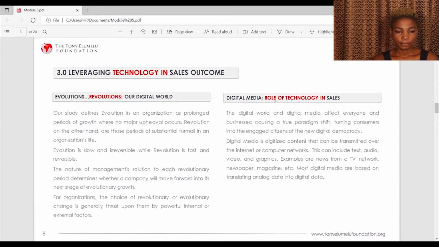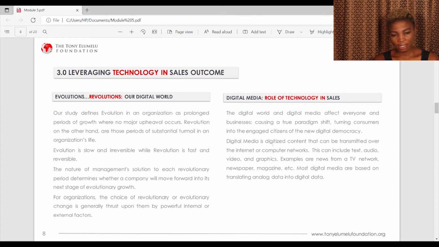Digital marketing. Role of technology in sales. The digital world and digital media affects everyone and businesses, causing a true paradigm shift, turning consumers into the engaged citizen of the new digital democracy.